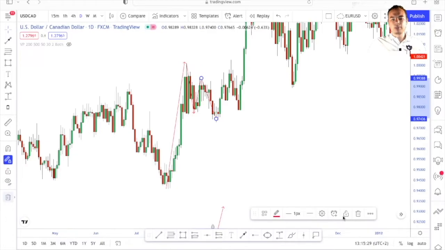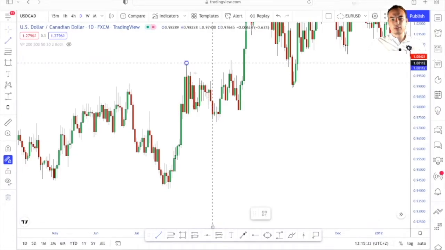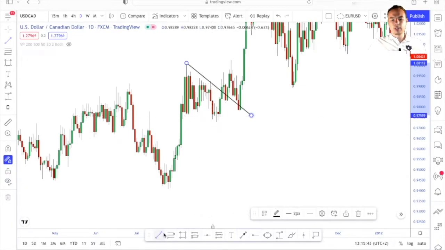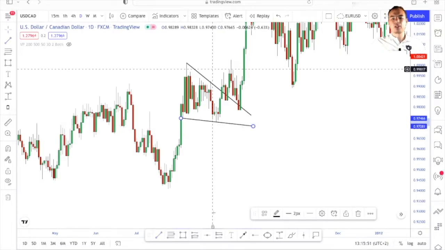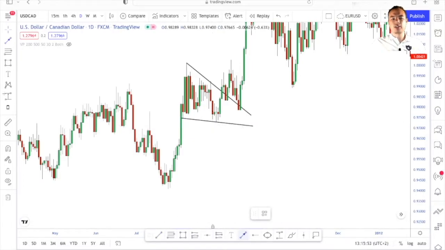So if I remove this and we put a trend line from this major one, see if I put it there, it wouldn't make sense. So here, like that, and then your next one, I keep forgetting that thing. Next one, like that.